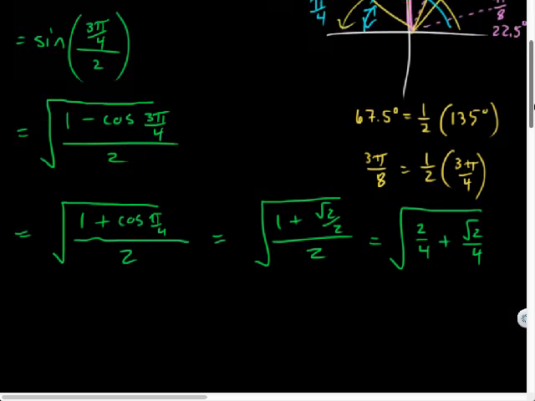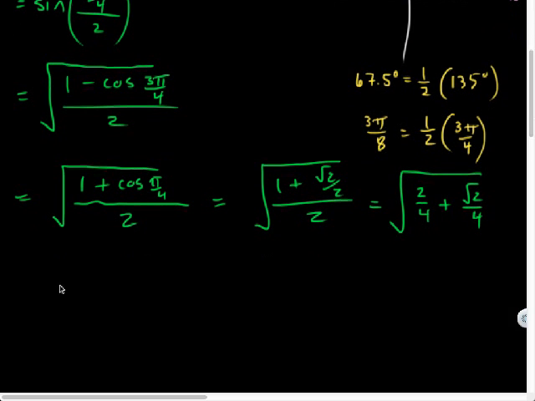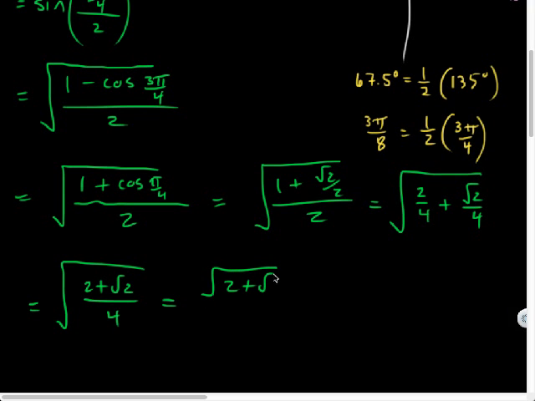We saw some of these fractions before, so I'm willing to cruise through them a little bit faster. 2 plus the square root of 2, all over 4. Taking the square root top and bottom, I get the square root of 2 plus the square root of 2, all over the square root of 4, which is 2. And I believe that is our answer. And yeah, problem 17, that's right.